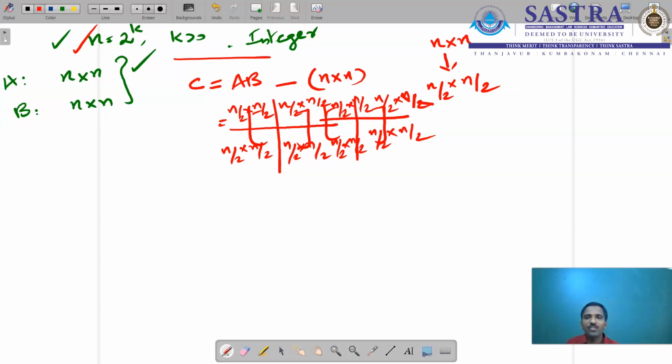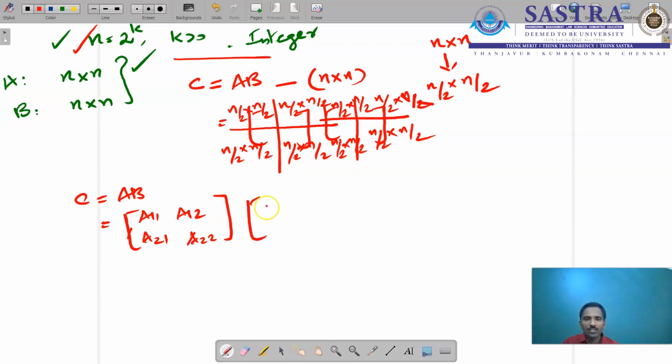Now having these 8 submatrices of order n by 2 by n by 2, we can multiply these matrices using the equation C is equal to A into B, assuming that each submatrix is denoted as A11, A12, A21, A22.